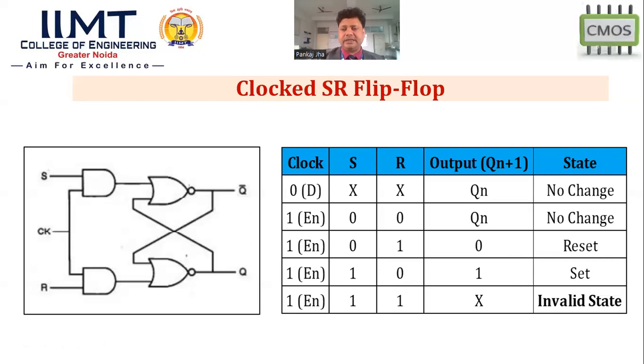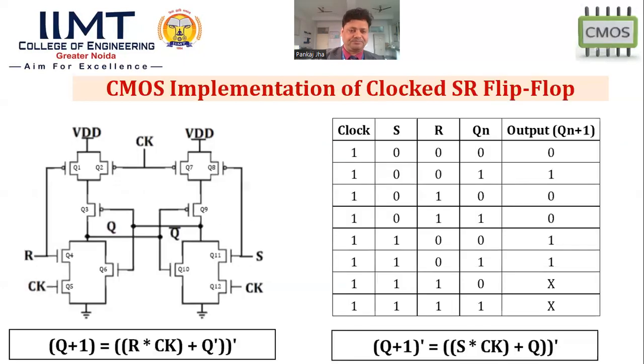Okay, so let's get its CMOS implementation. This is the CMOS implementation of the clocked SR flip-flop. To understand it in a better way, we can first write the equations, that is, how this latch is going to produce output.